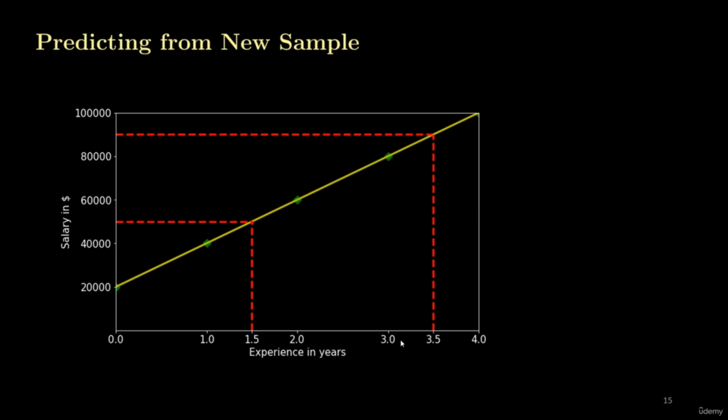Similarly, if I give a new test sample of 3.5 years to this model, it should be able to predict the salary of a person whose experience is 3.5 years. So the requirement from the regression model is that after training, it should be able to predict the dependent quantity if a new value of an independent quantity is given to the model.